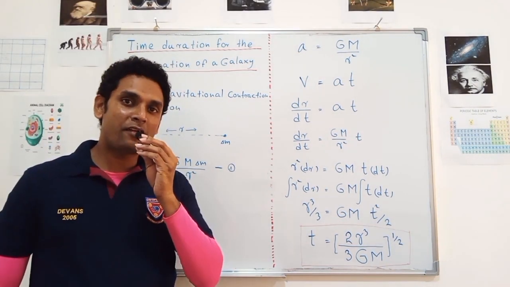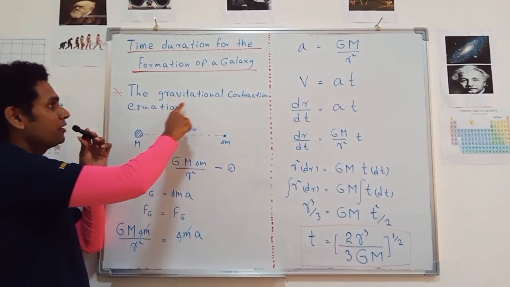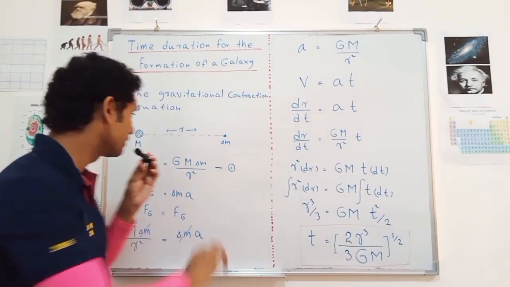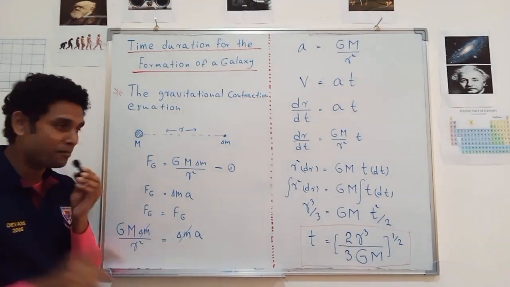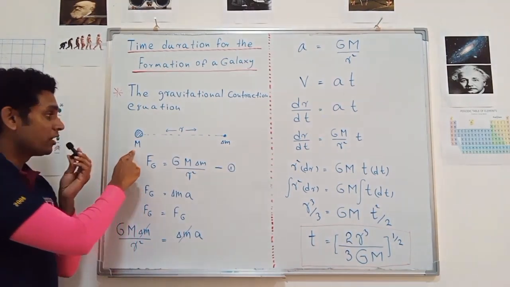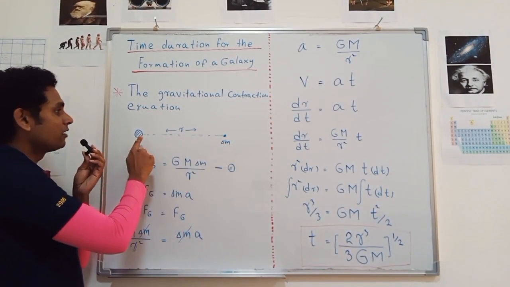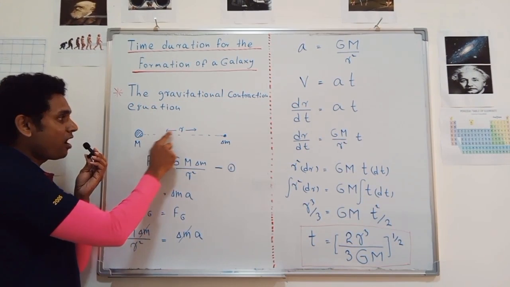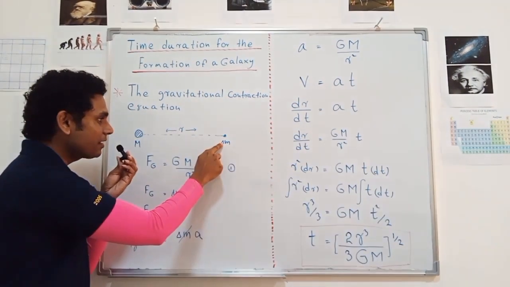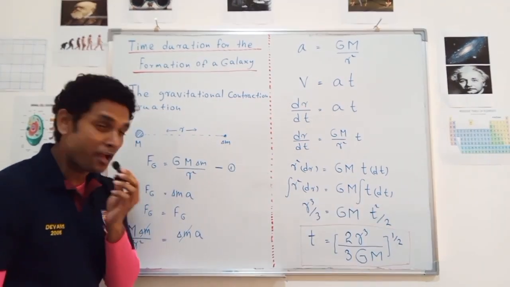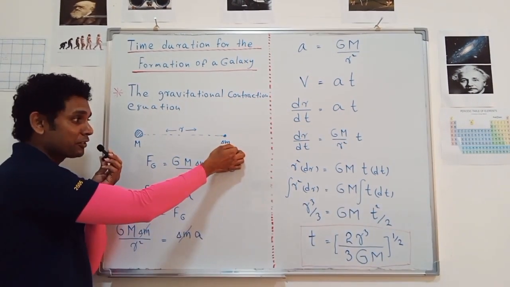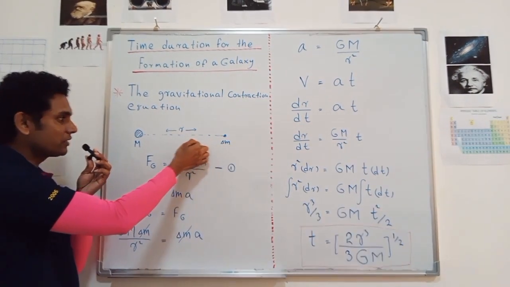Okay, now we are going to derive the gravitational contraction equation. Let's assume there's a system of mass. The center of mass has a collection of all the masses, capital M. At a distance of r, there's a small tiny mass, delta M. With the gravitational pull of the center of mass, this small mass delta M is moving towards the center of mass.